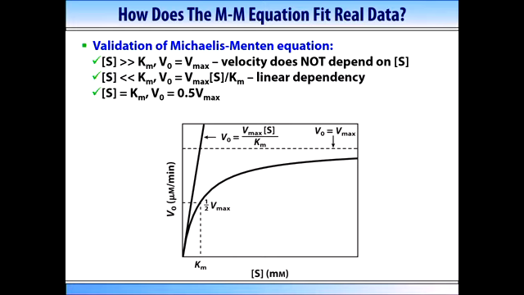The unit of Km is a concentration unit, because by definition Km is the concentration of substrate at which the rate of the reaction is half of the maximum. So make sure to include the correct units. I think it's more important that the units are right than the number itself, because if the units are wrong, it means that you do not comprehend it, that you didn't get it.